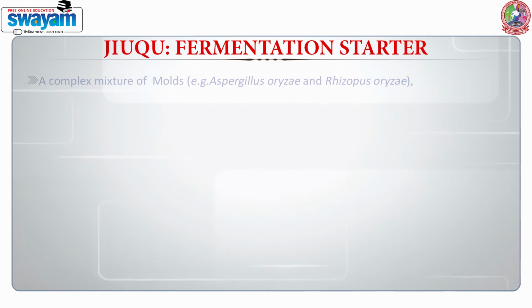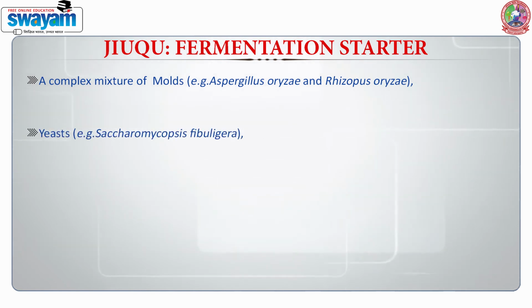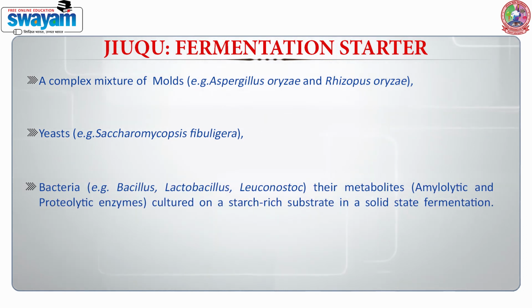An example of mixed type of starter culture is jiuqu. It is a complex mixture of molds such as Aspergillus oryzae and Rhizopus oryzae, yeast, for example Saccharomycopsis fibuligera, bacteria like Bacillus and Lactobacillus, and their metabolites, primarily amylolytic and proteolytic enzymes, which are cultured on a starch-rich substrate in a solid state fermentation.